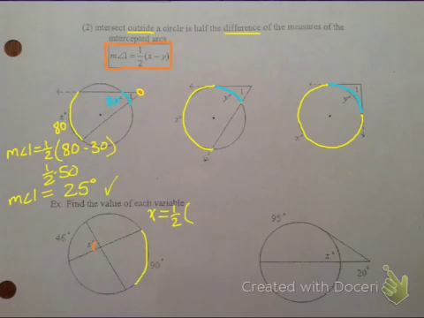So we've got our larger arc and our smaller arc here. So we've got 90 plus 46. Okay, so that's 136. So I want 1/2 of 136, which is 68 degrees. So the measure of that x is 68 degrees.